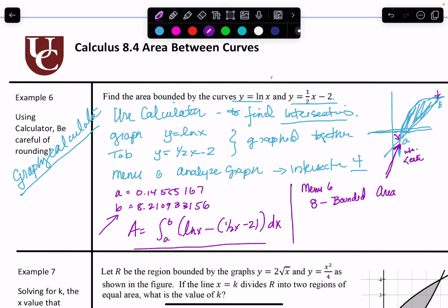Then it'll ask for the other side, so you move over and put your pointer on B. Again, I think it'll say intersection or something. Then you hit enter, and it will automatically display the area between the curves. So that's 8.784. If you can't get that to work, come in and I'll show you how to do it real quick on your graphing calculator.